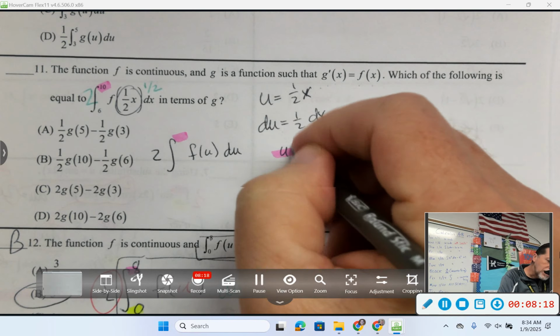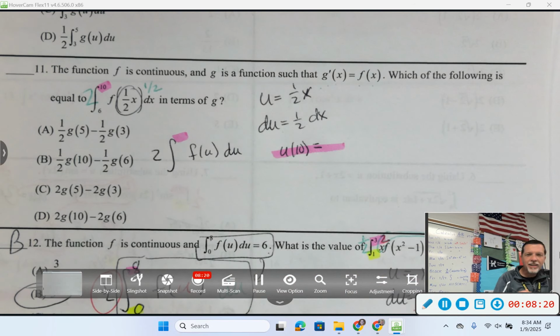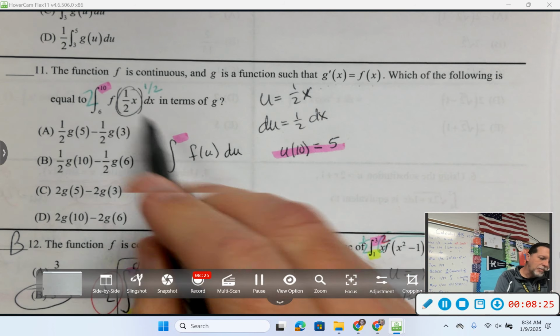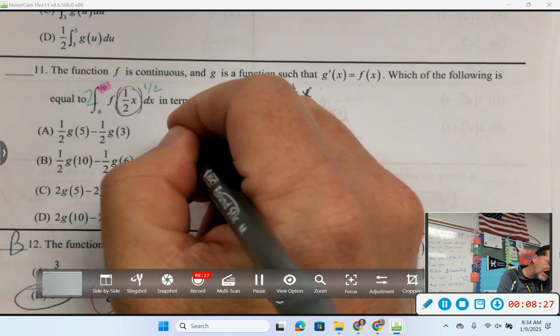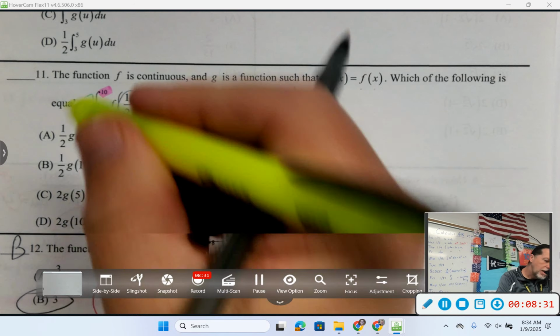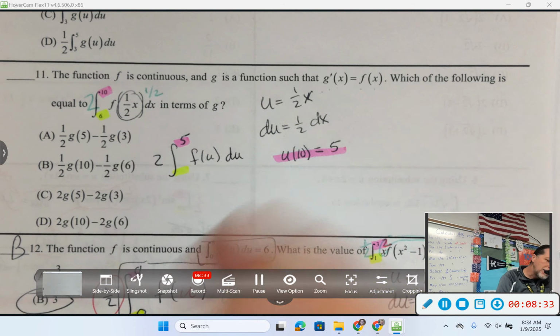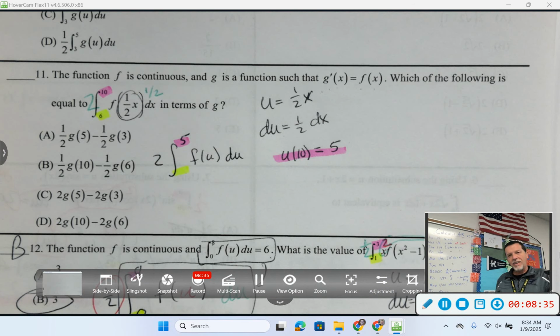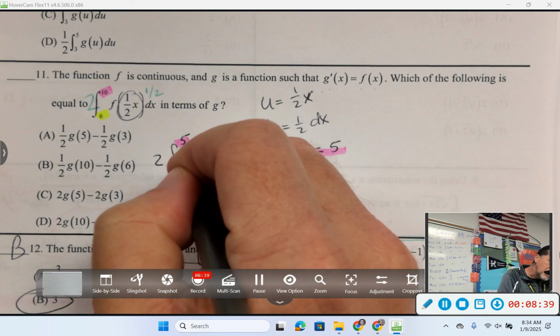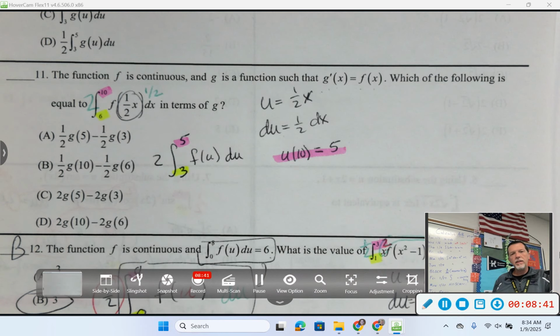So the top limit in x's is 10. Half of that's 5. So the top limit in u land is 5. Bottom limit for x's is 6. Half of 6 is 3. So the bottom limit in u land is 3.